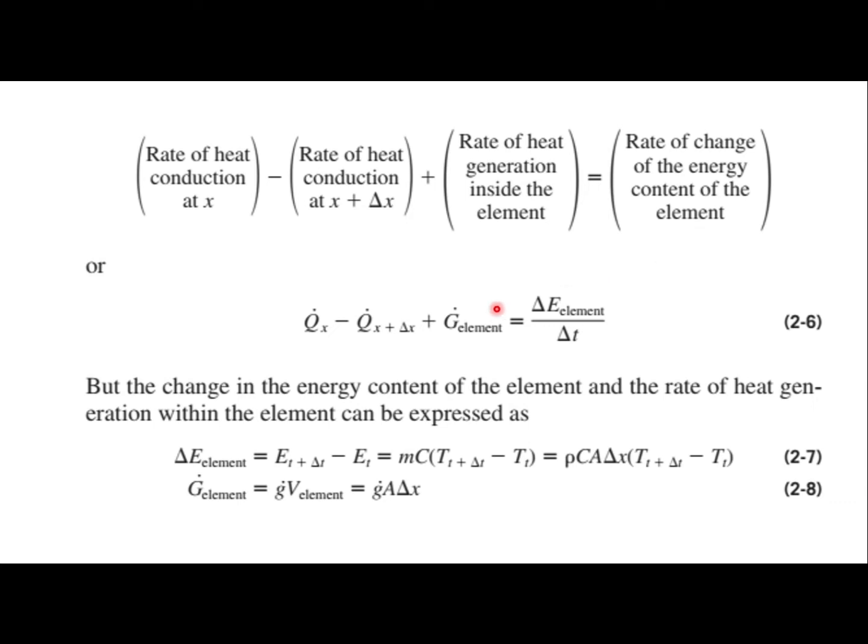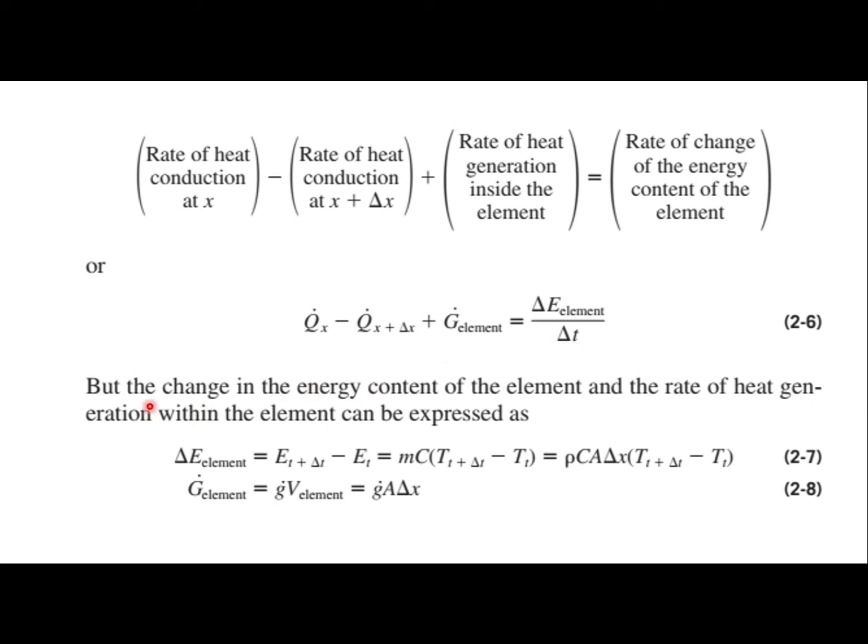We can convert it into this form: qx minus qx plus delta x plus G element, which is the amount of heat generated, equals delta E, the change in energy of that particular element during the time interval delta t.